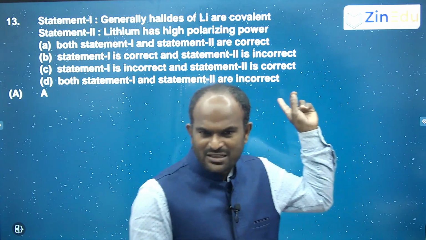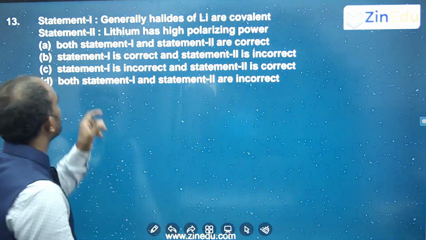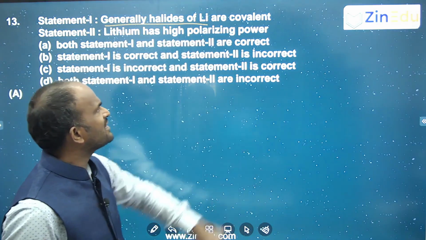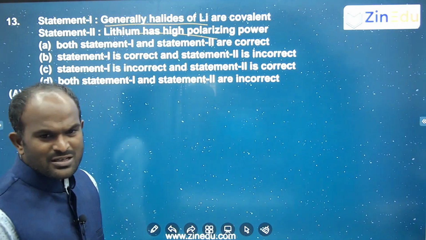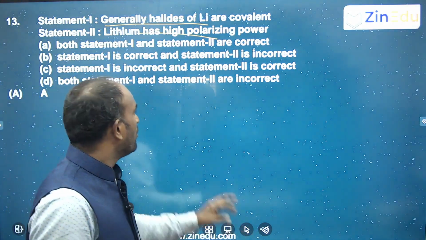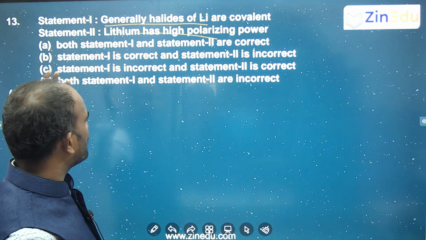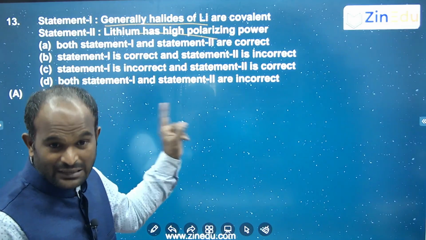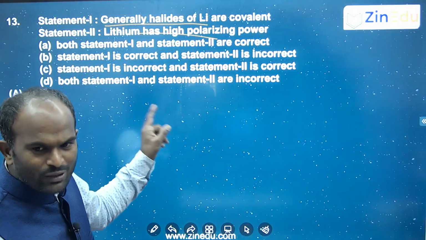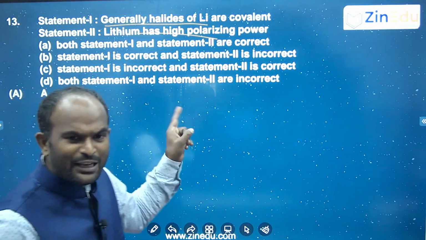Look at this: generally, halides of lithium are covalent and lithium has high polarizing power. So absolutely true. So 1 as well as 2, both of them are absolutely correct, and that is a correct explanation also. That option is not given. If it were given, I would definitely go for that correct option.